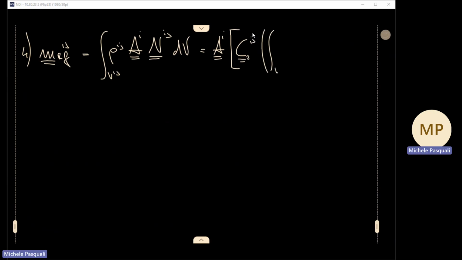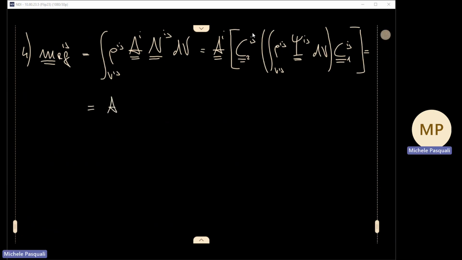We have the density of Vij of rho ij C ij in the V C1 ij, everything closed. As you can see, this is what we have just used.